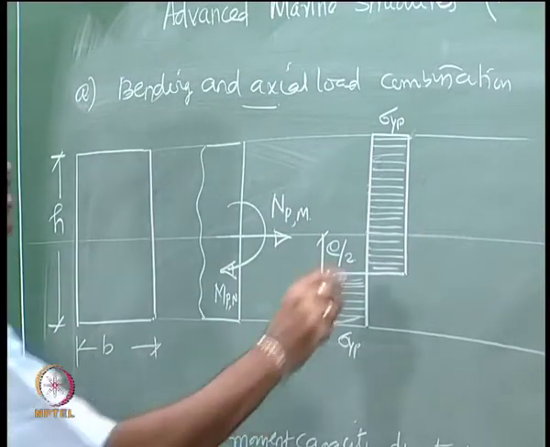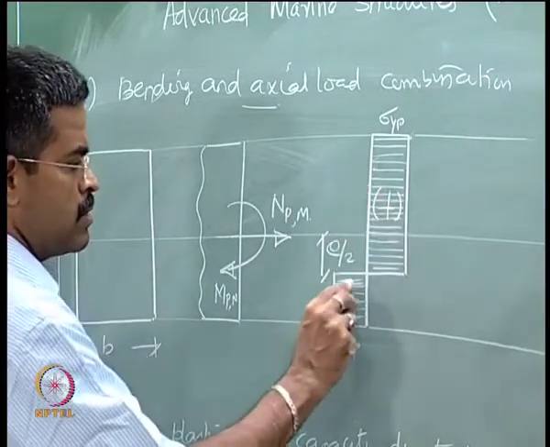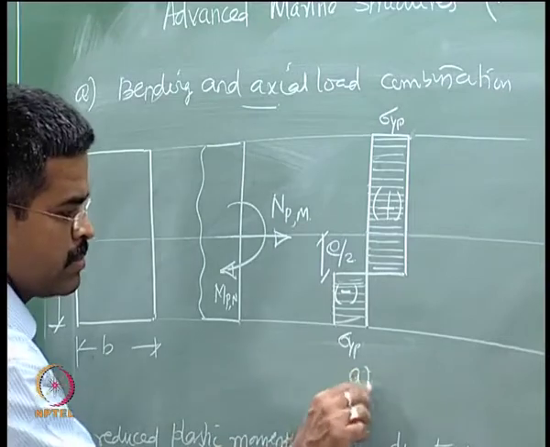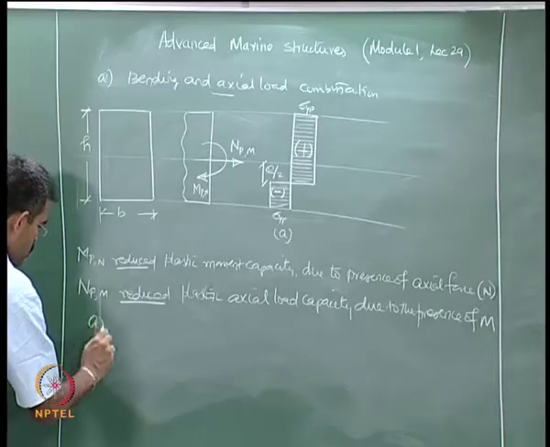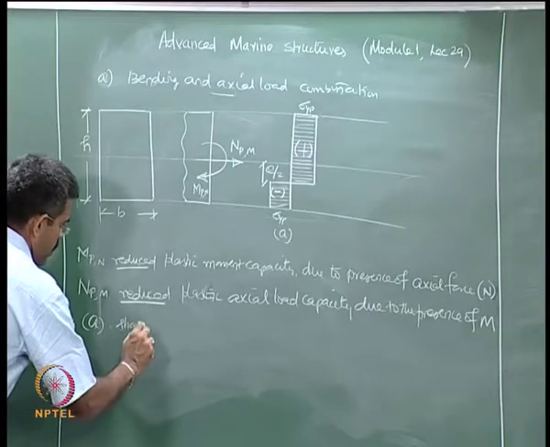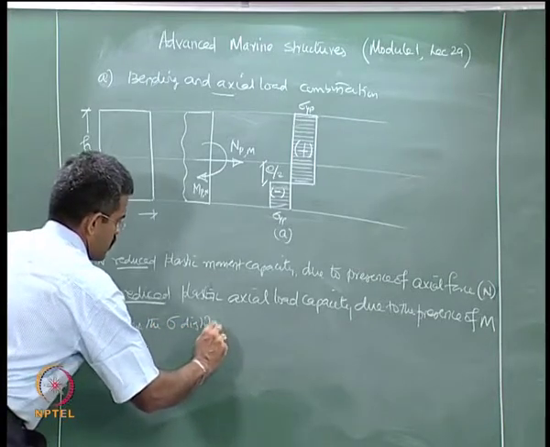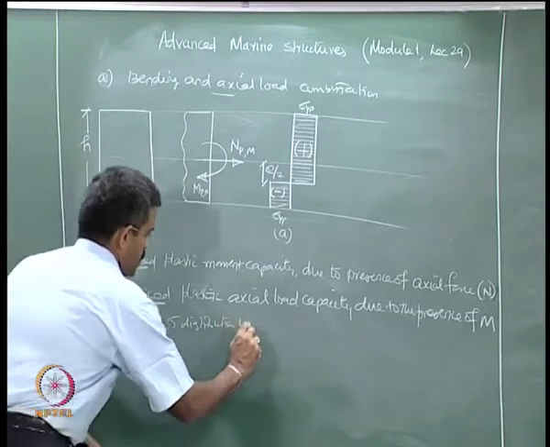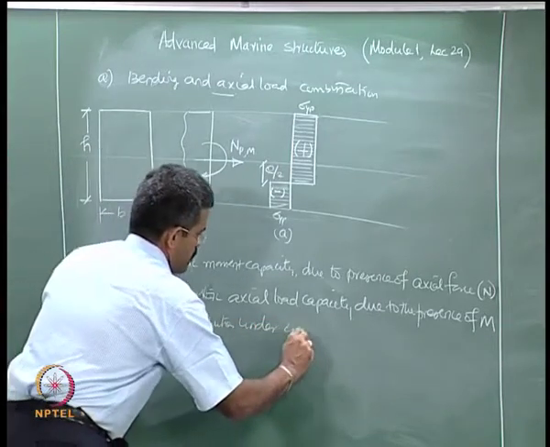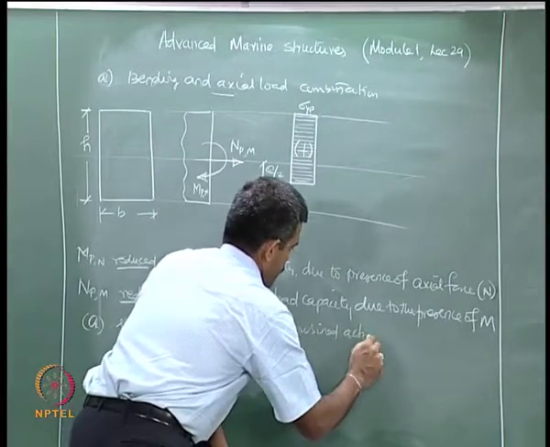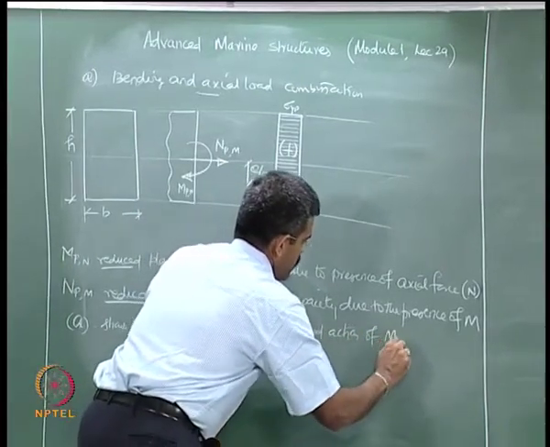Of course, this is positive and this is negative. This is A, which shows the stress distribution under the combined action of M and N.